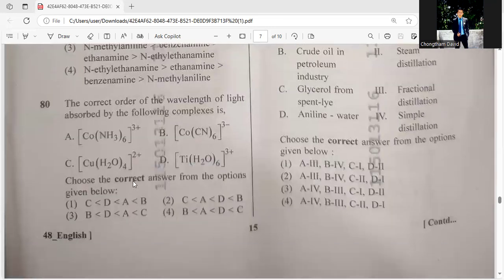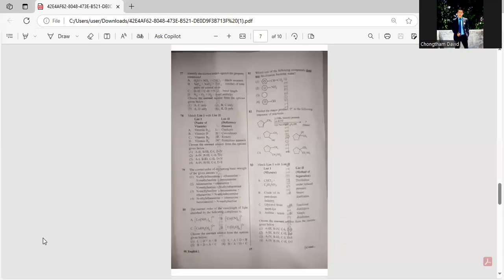Question number 80. The correct order of the wavelength of light absorbed by the following complex is. Let me explain this.